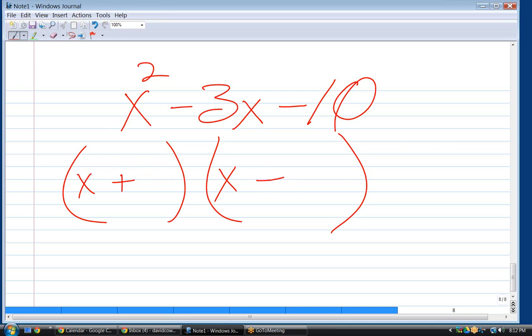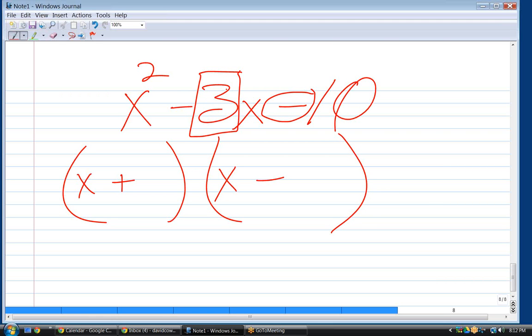Now what's the third step? Factors of 10 that do what? They have to subtract to give you this number here.